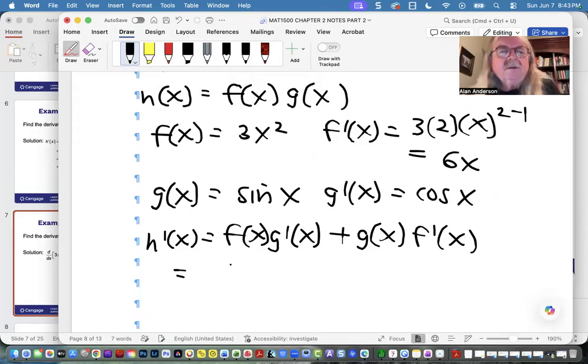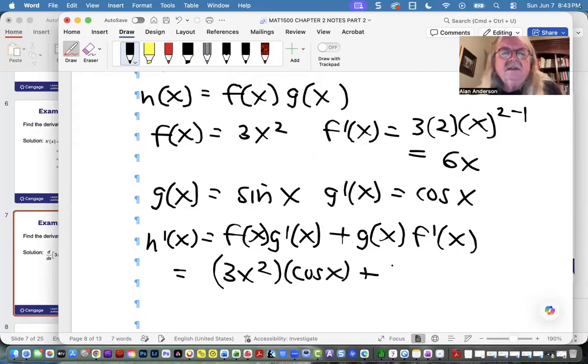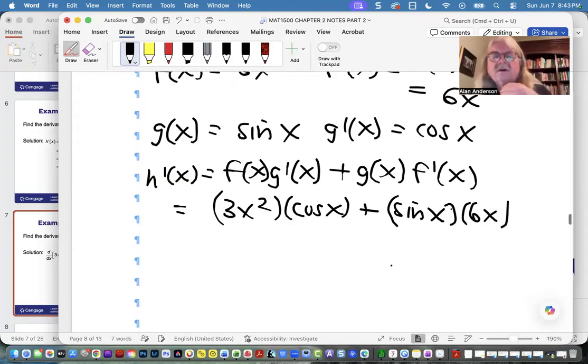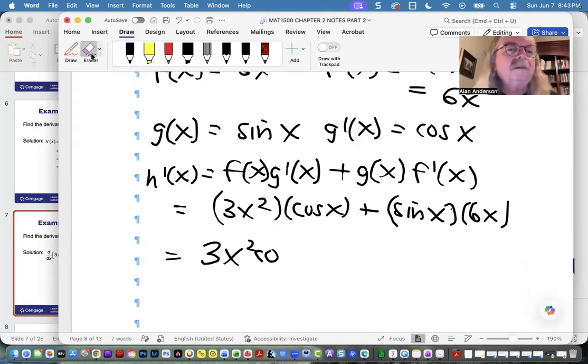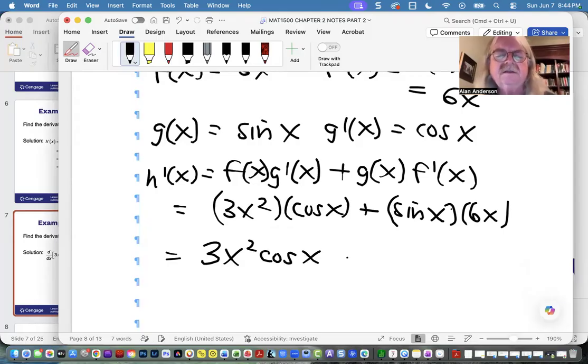Great. So we have 3x squared, cosine x, sine x, 6x. Well, this one is pretty straightforward. We can write it like this. Usually when you have a mixed term like this, you write the trig function last.